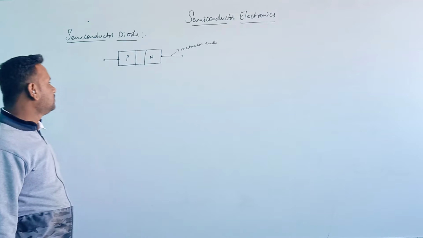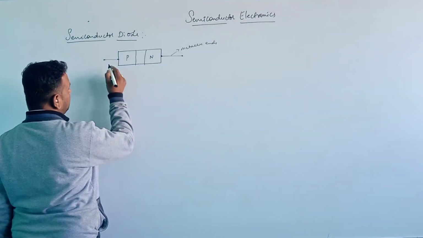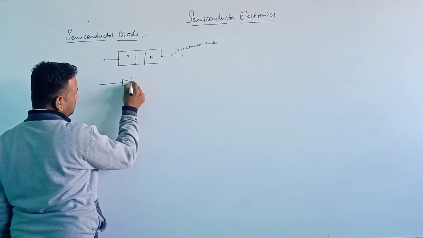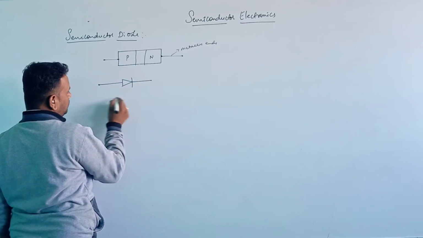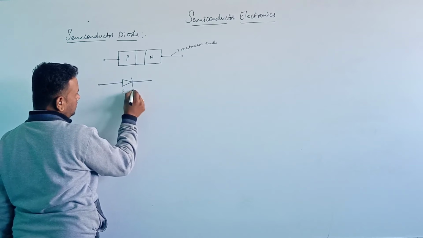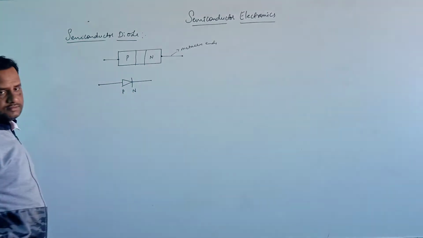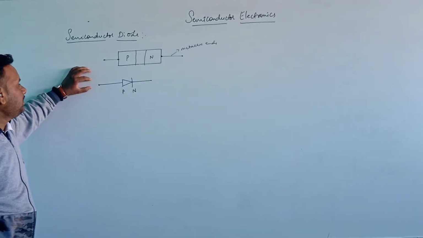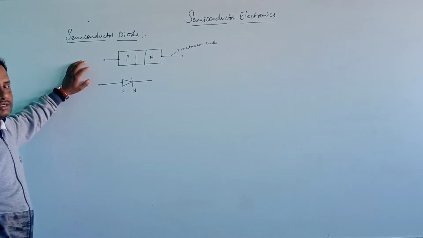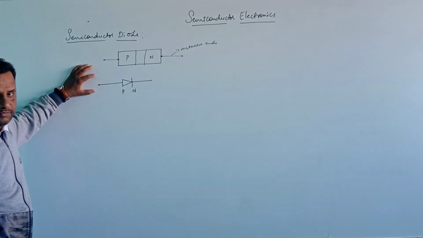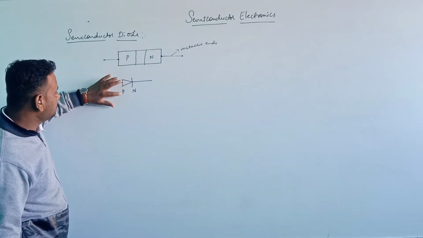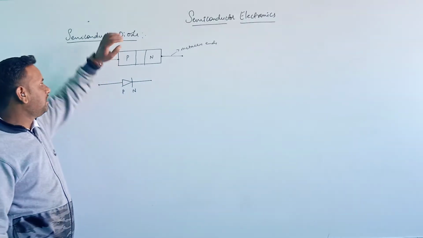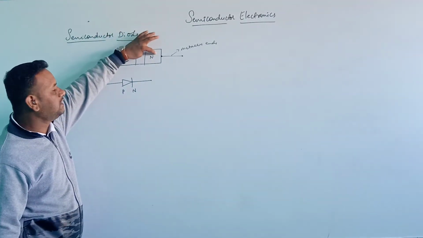The circuit symbol of this PN junction diode, or the semiconductor diode, is represented like this. This side is called the P region and this line indicates the N region.